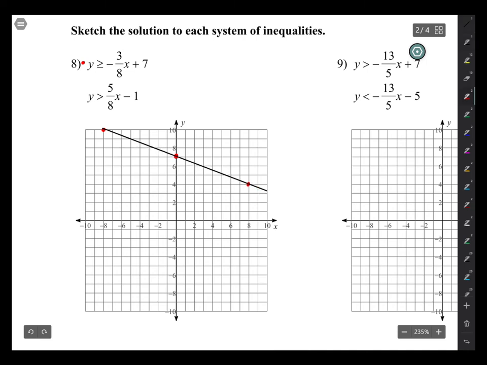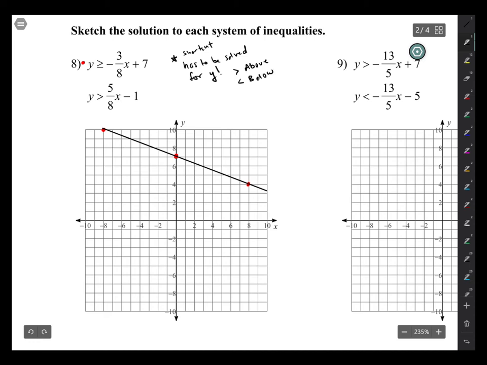Now do the whole thing. So also decide where to shade. Also, little trick here, shortcut time. As long as it's solved for y, if it's greater than, you're going to shade above. If it's less than, it's always going to be below.